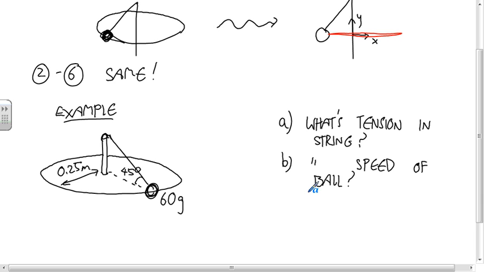Basically, if you had this going 1,000 miles per hour, there'd be just a very little sag in the string, and the radius would be almost the entire length of that cable. Right now at 45 degrees, I could figure it out, but it's 0.25 times square root of 2, I think, something like that.